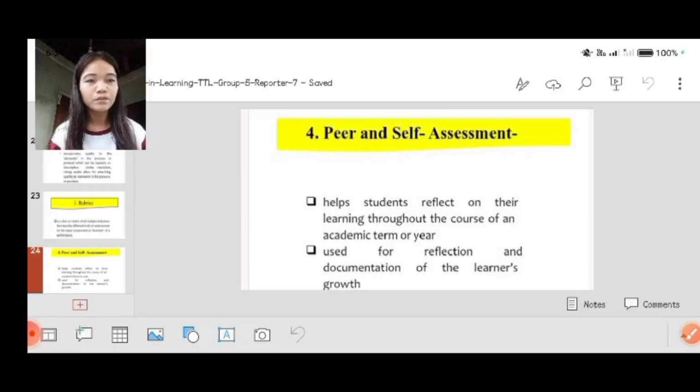So, peer assessment helps students reflect on their own learning throughout the course of the term or school year. Through peer and self-assessment, they can see their progress, what they understood and learned, or where they still need to improve.